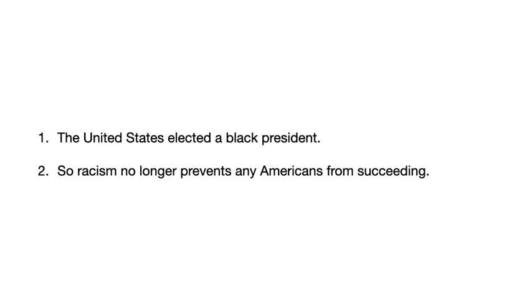There's nothing you have to cut or reword. I just want to focus on one thing at a time, right? So, the United States elected a black president, so racism no longer prevents any Americans from succeeding. Well, obviously, at least it seems obvious to me, there's a big gap between 1 and 2. How do we fill this in?